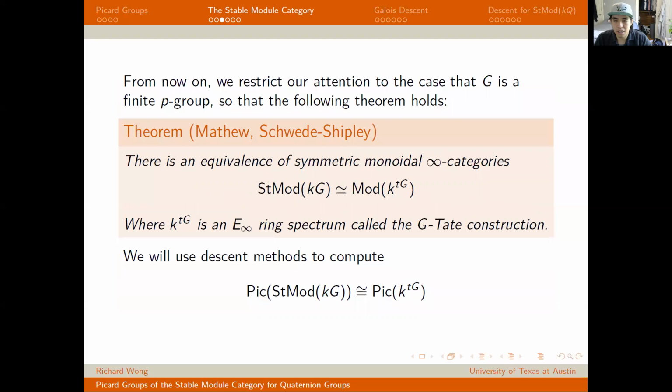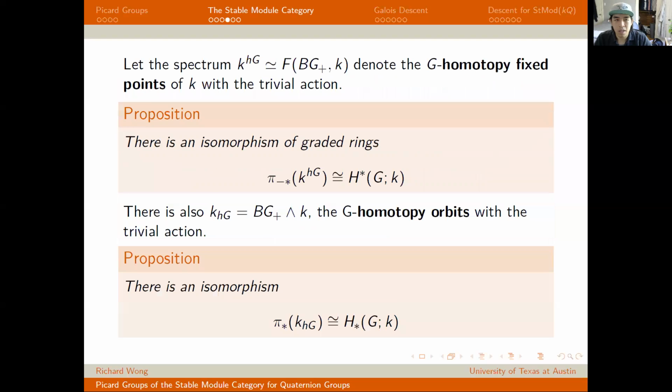We'll restrict our attention to the case that G is a finite p-group so that we can view it as the category of modules over the G Tate construction. This shows us how we can use Galois descent. A quick note on the Tate construction.